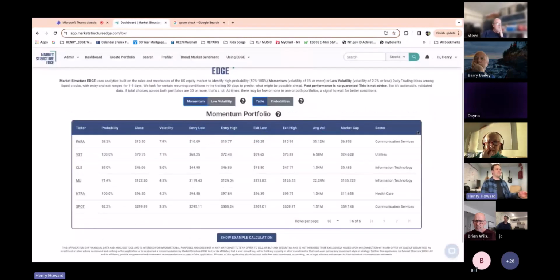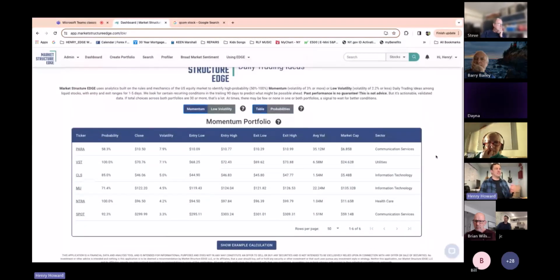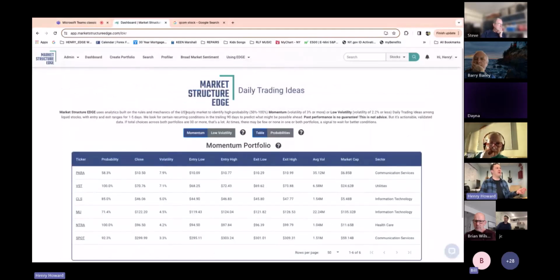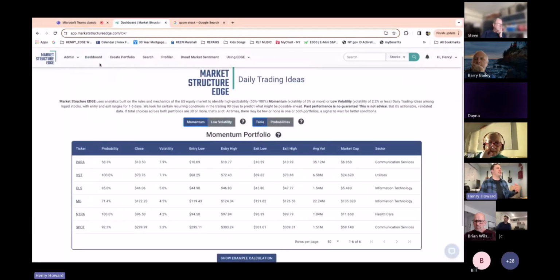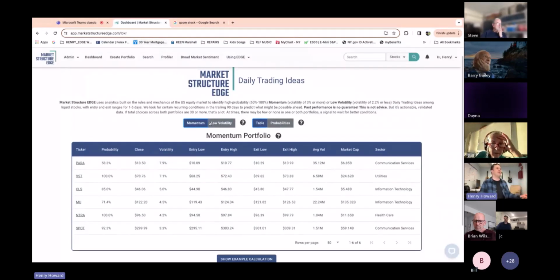If you've been with Edge a while, you recognize that there's a certain number of components in each of both our momentum and our low volatility portfolios. Recognizing 5 components in our low volatility is not a lot. When I see names like Spot, it doesn't give me a lot of confidence in our momentum portfolio.